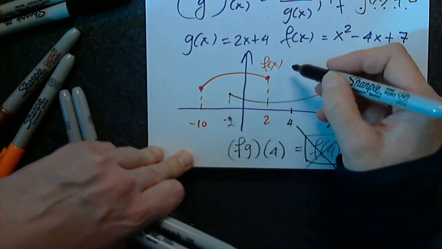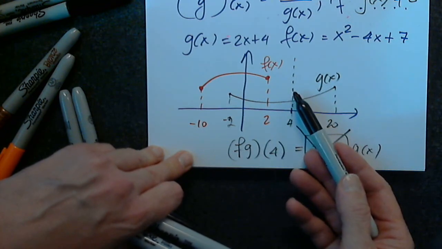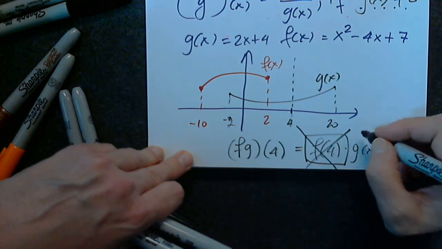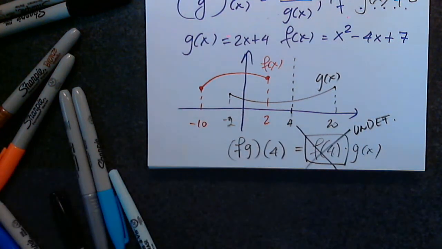Here is 4. If you draw a vertical line, you will clearly see it does not cross the function f. So f of 4 does not exist. Undefined. So in order to create these functions, the sum, difference, product, and ratio, given two functions, what do they have to have?